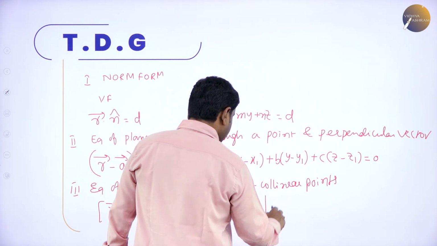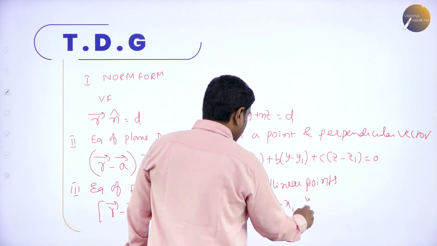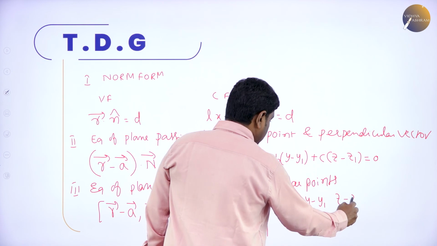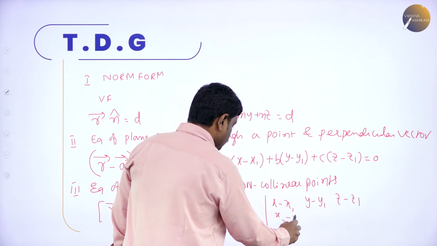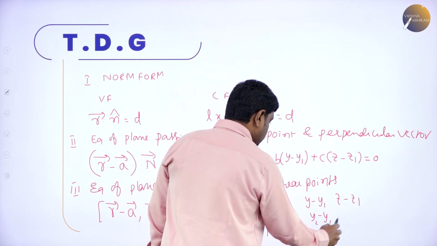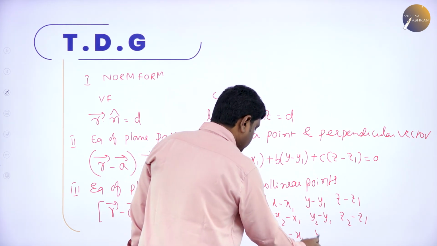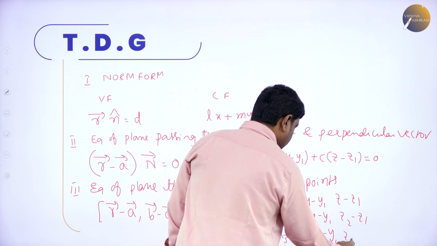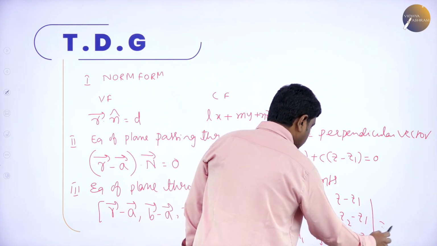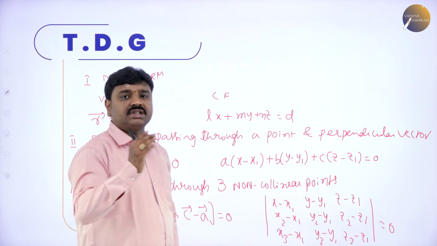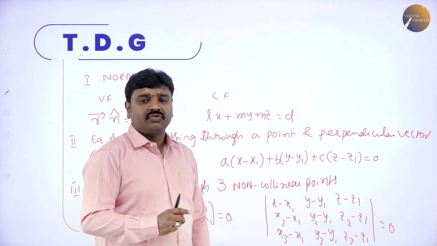For the same, Cartesian is x minus x1, y minus y1, z minus z1, x2 minus x1, y2 minus y1, z2 minus z1, x3 minus x1, y3 minus y1, z3 minus z1 equal to what? 0. This is the Cartesian equation. I hope all of you got this.